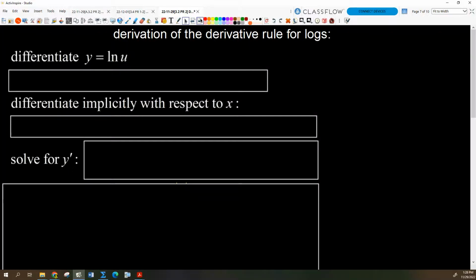Okay, so you've seen a bunch of practice problems. Now we move into the calculus of logs. So what if we want to come up with a new derivative here? We want to come up with the derivative of log u. So y is equal to log u. How could we derive this new derivative rule?